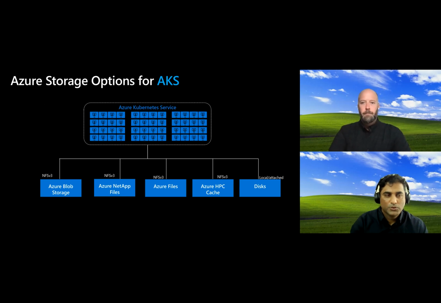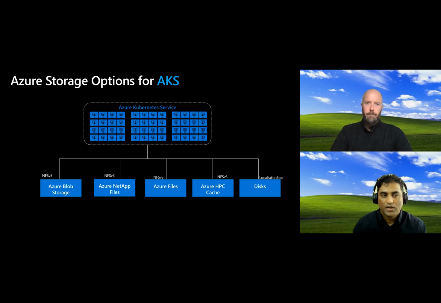All right. So from the storage perspective, these are a couple of the storage services that we tested. Some are shared ones, some are locally attached. Some can be mounted as an NFS endpoint, or some need to be locally attached to your virtual machine.